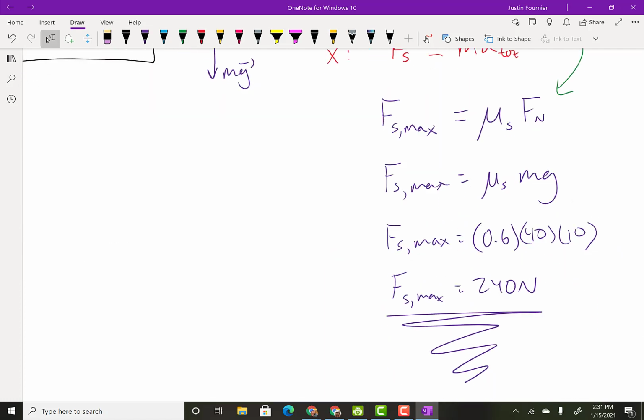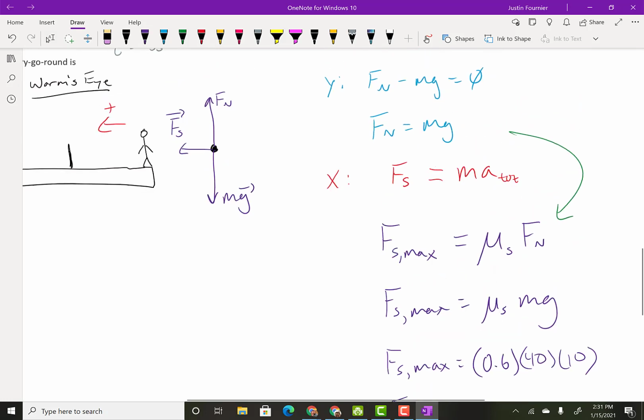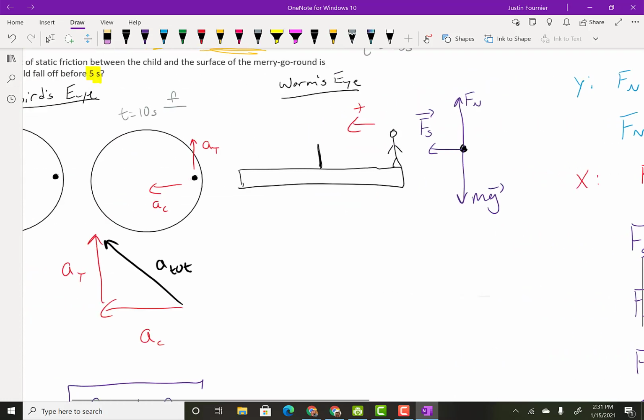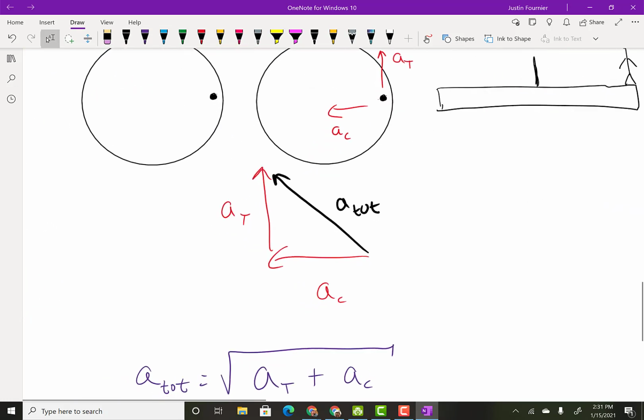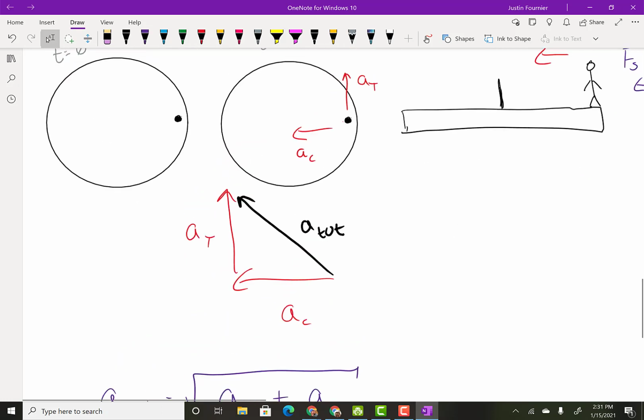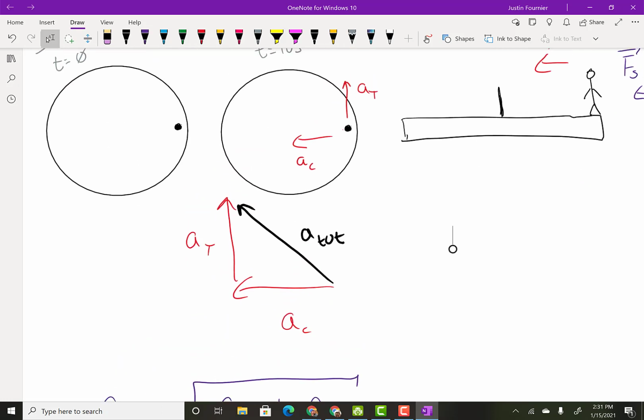Okay, so now I'm going to try and calculate what the total acceleration is. Let's start with the tangential acceleration.